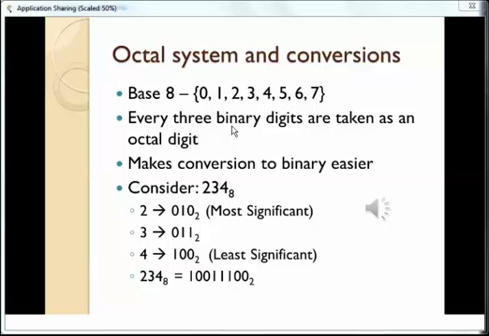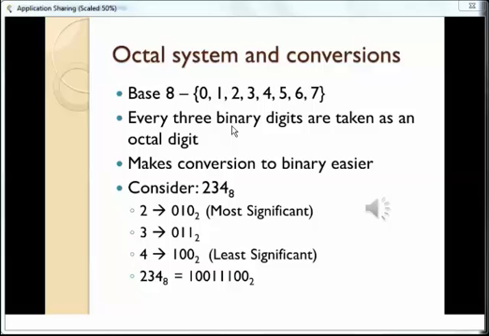So consider the number 234, and we're going to use a subscript 8 to denote that we're dealing with the octal system. The method of conversion is to take each individual digit and convert that digit to its binary equivalent. So for instance, with 234, we have the 2 converting to 0, 1, 0, which is going to be the most significant 3 bits of the binary string.